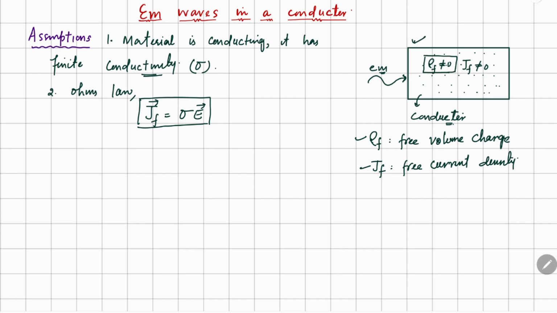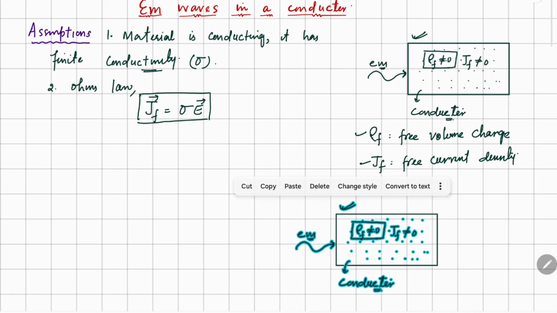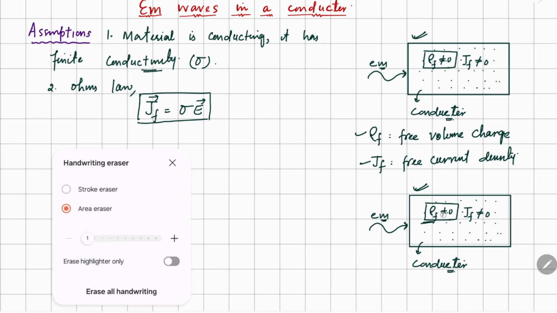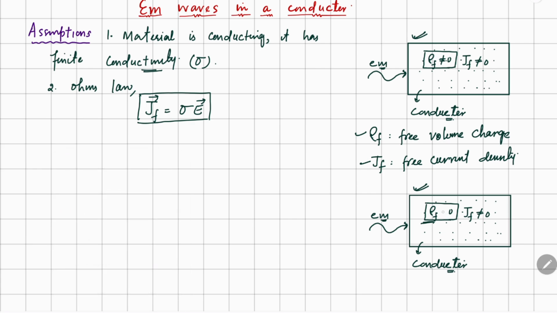For the case when J_f is not equal to 0, we write the Maxwell's equations for this. When we send the electromagnetic wave, because of the electric field interaction with the charges, and we know inside the conductor the electric field should not exist, this free charge density rho_f vanishes and becomes 0.